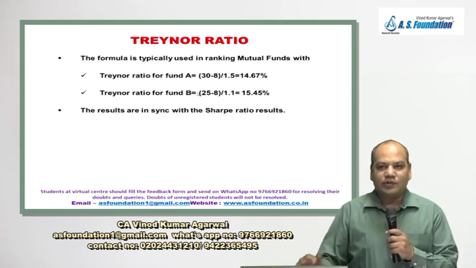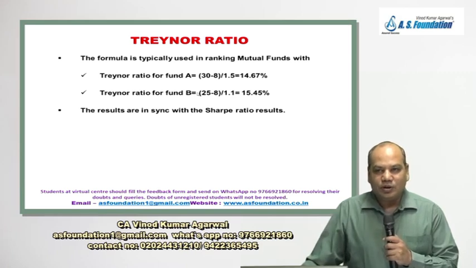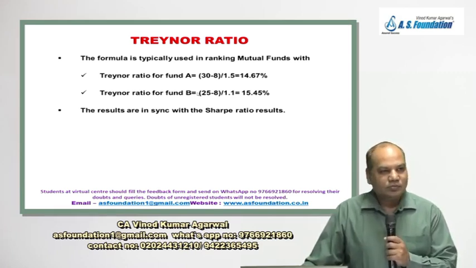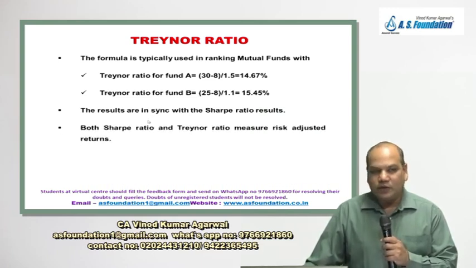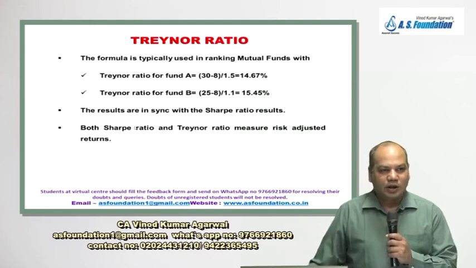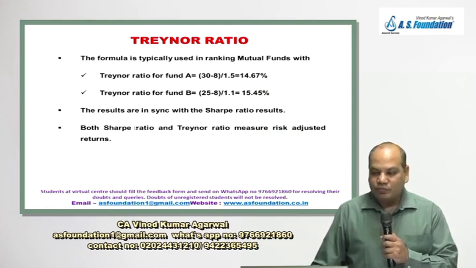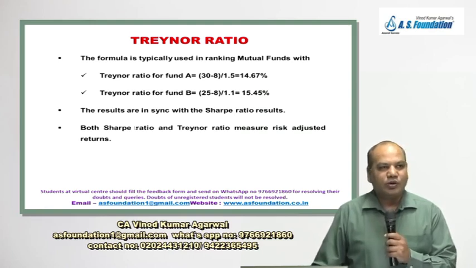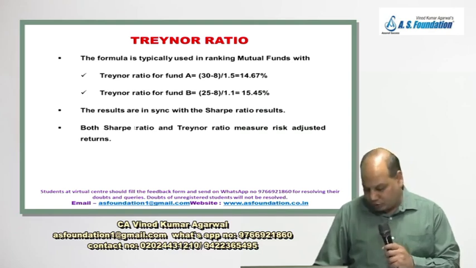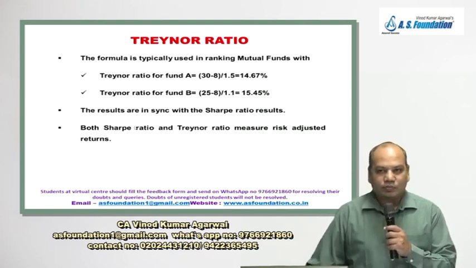But is it necessary that the Sharpe and the Treynor ratio will always give you the same result? Is it necessary? No, because the denominators are different. So there can be situation where under Sharpe ratio one mutual fund has performed better, and under Treynor ratio the other mutual fund has performed better.